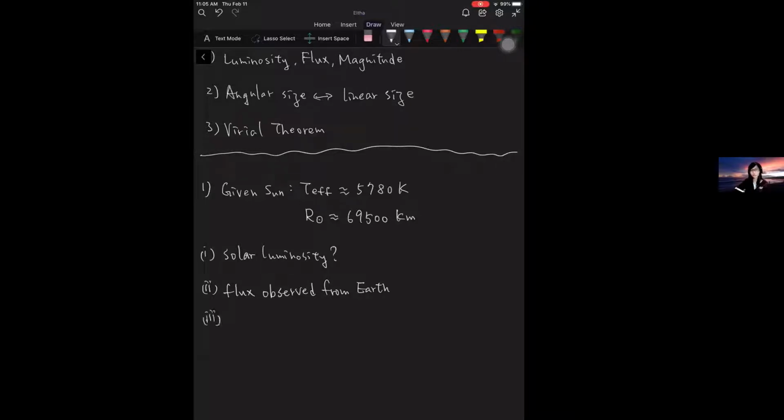So given some information of Vega, the luminosity, comparing to the sun, is 40 times the solar luminosity. And the distance of Vega is also known. It's about 7.68 in parsec.